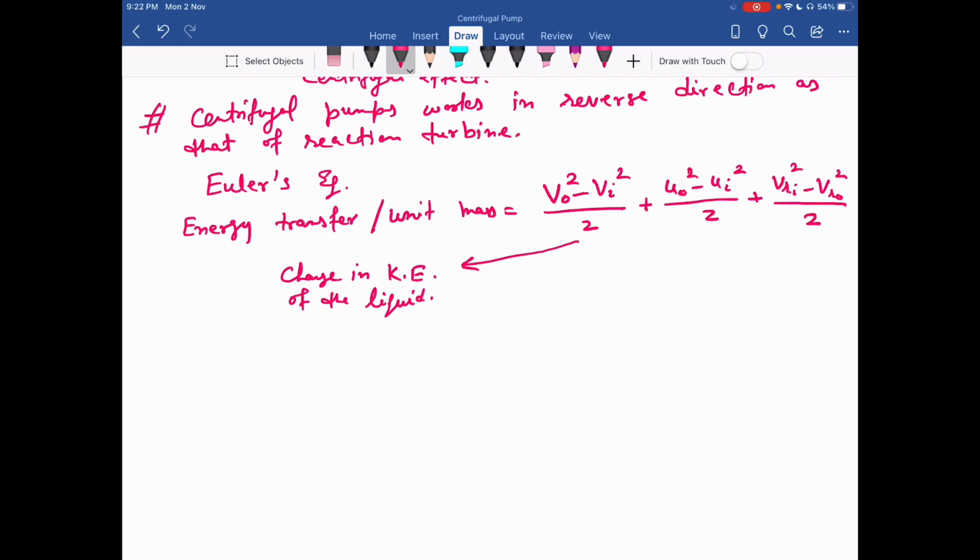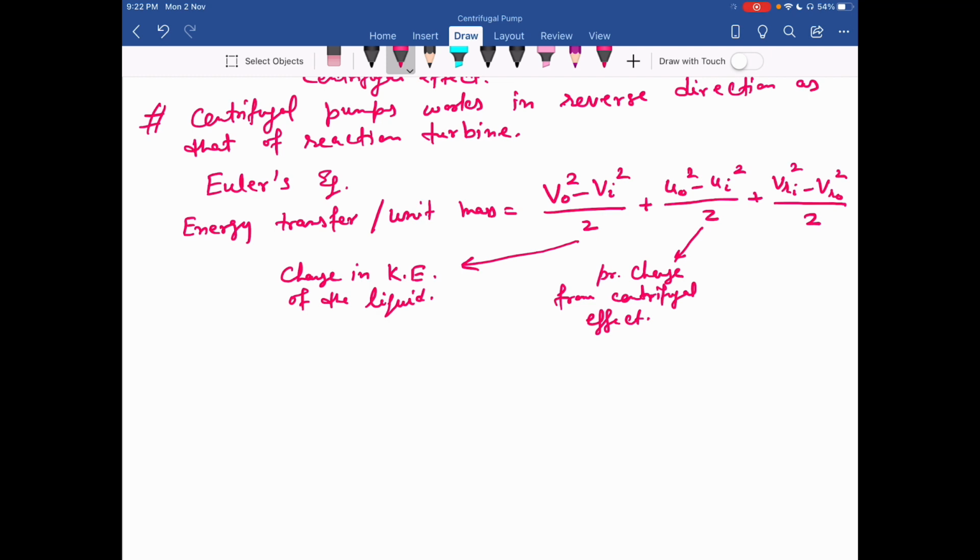The second term represents the pressure change from centrifugal effect. Okay.